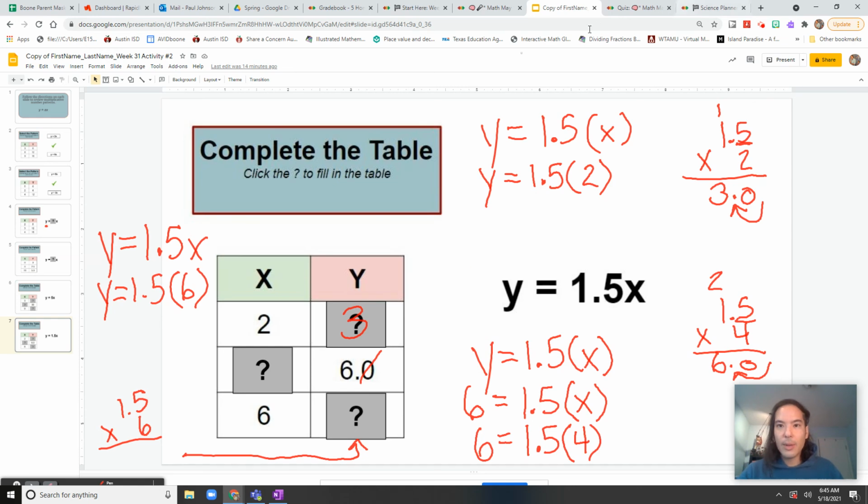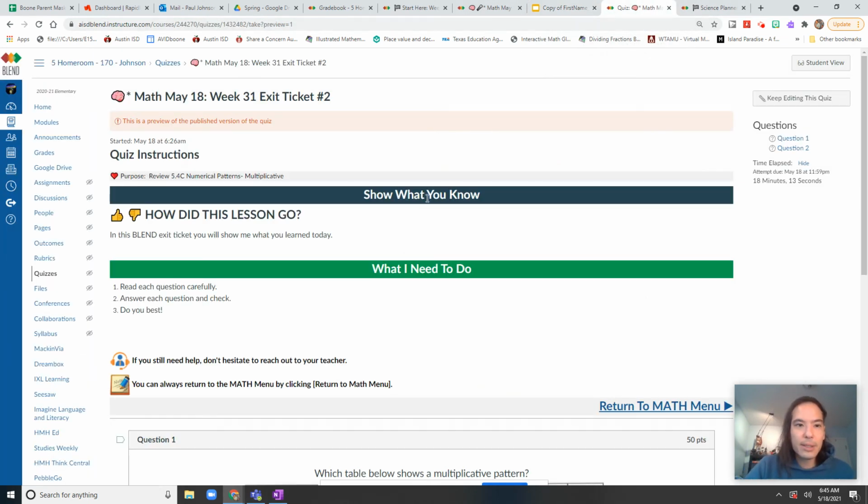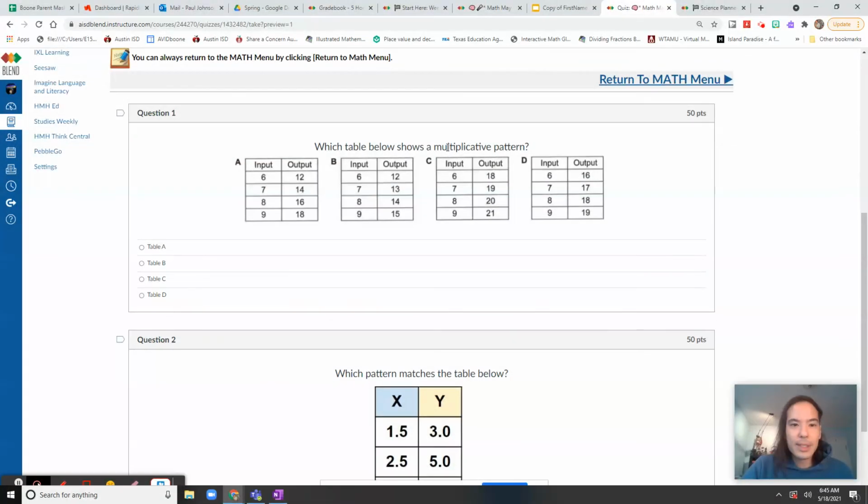All right, real quick, let's just take a look. Your exit ticket today: which table shows the multiplicative pattern? So just like yesterday, today you're going to find the multiplicative pattern instead of the additive pattern. Yesterday you found the additive pattern. Which one of these shows that we're multiplying every single input to get an output?